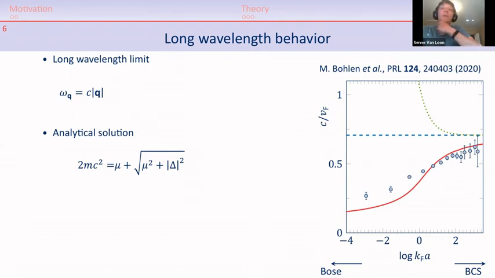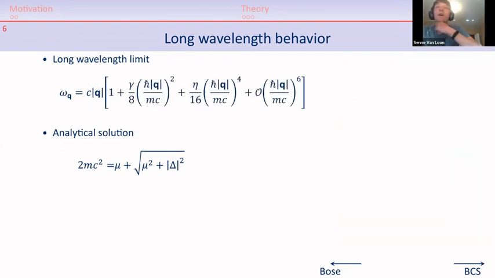Now, of course, we can do better than this. We can also include higher order corrections to the collective mode spectrum, where the first correction would be a cubic term. And as we've heard in Yvan Castin's talk, these corrections can be important to describe, for example, damping processes.